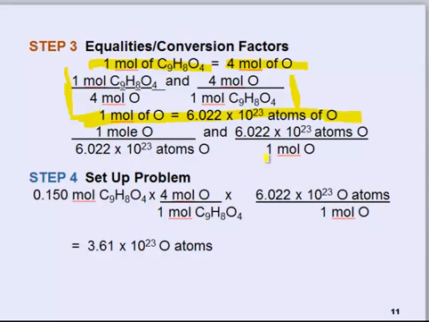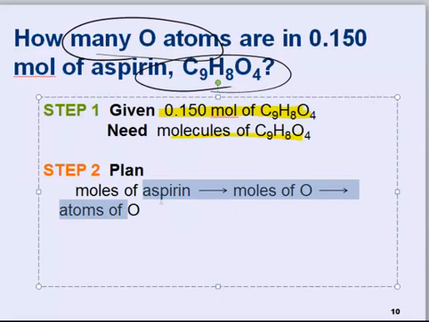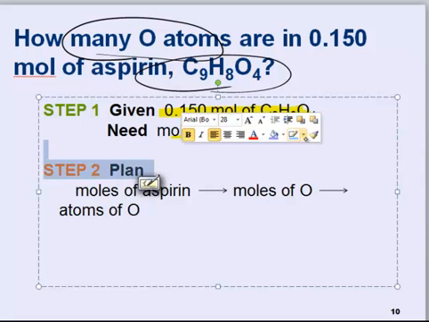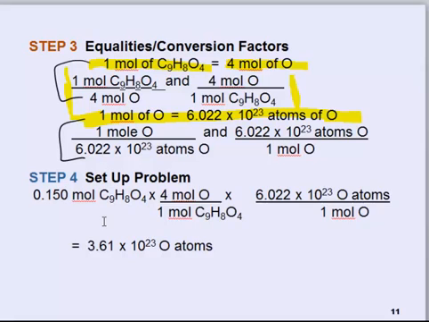So now since we know these two different sets of conversion factors, let's go back. Remember, we have to convert moles of aspirin to the moles of oxygen first, and then from there you will go to the atoms of oxygen. So when you set up a problem, we want to do it in one step. Let's read it: 0.15 moles of aspirin. We're converting to the moles of oxygen using my conversion factor.